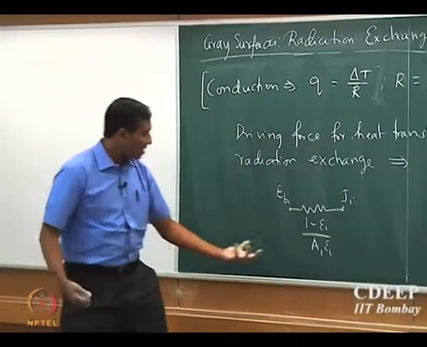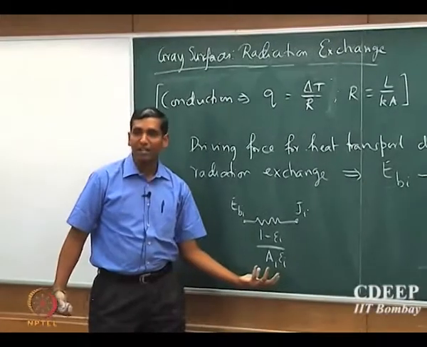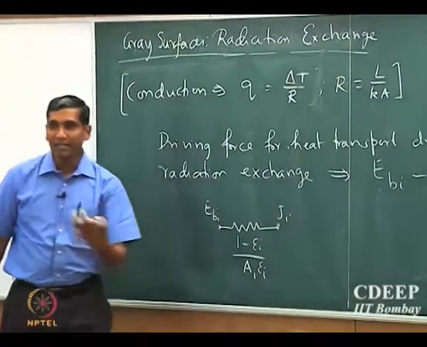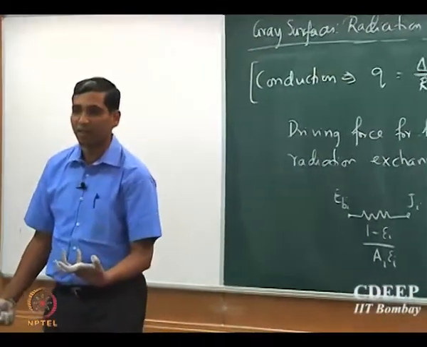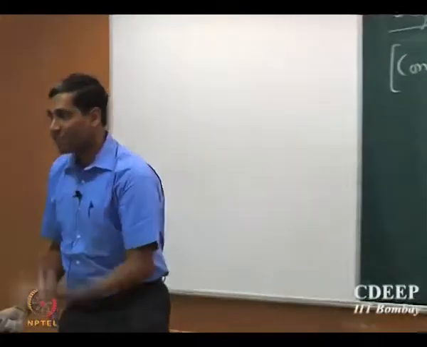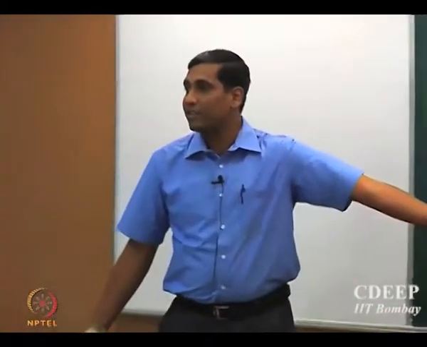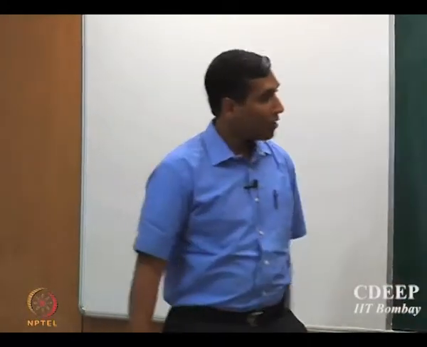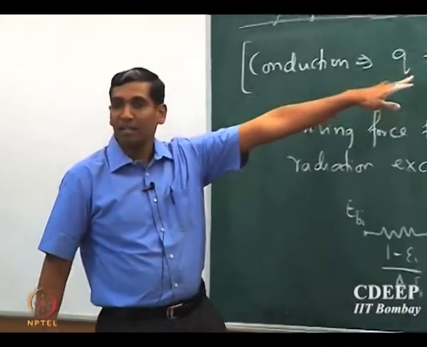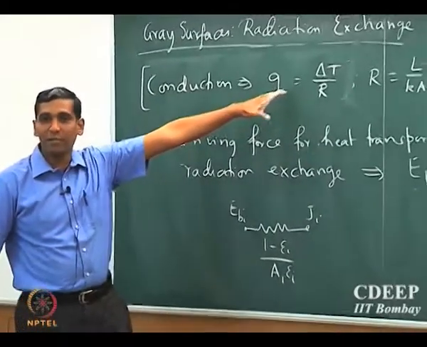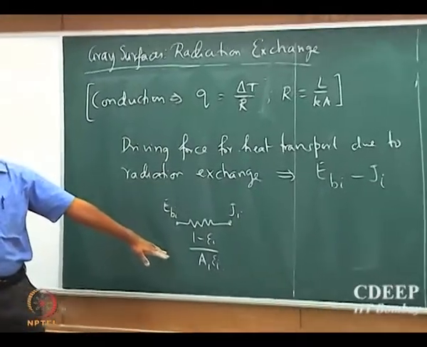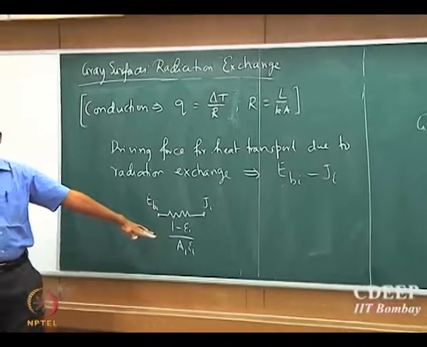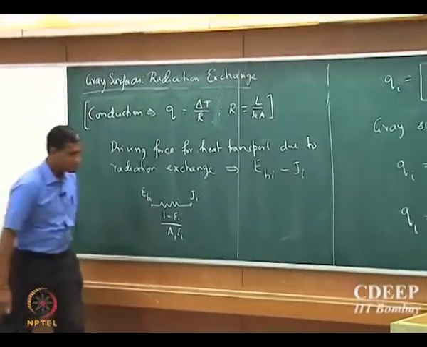So this resistance signifies the resistance offered by the surface, due to its surface properties, for radiation exchange from that surface. You have to understand the distinction between the concept of resistance in conduction and in radiation.